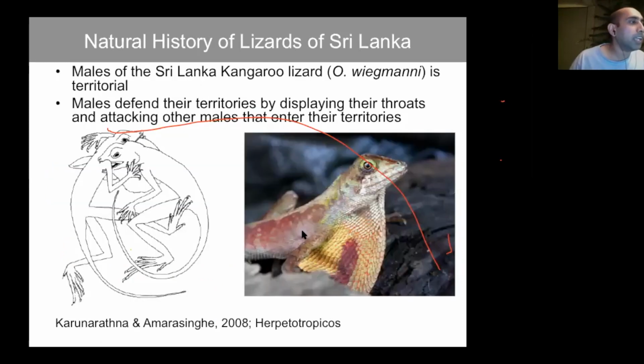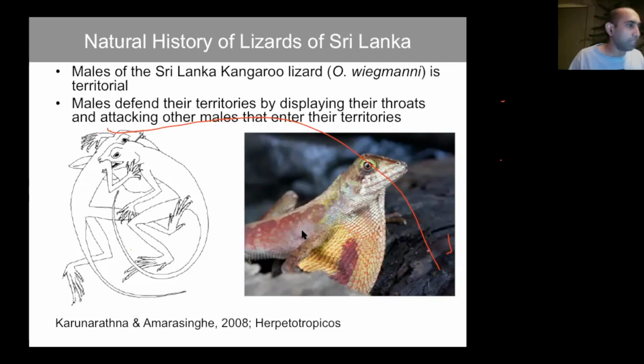All right. So most dragon lizards seem to be territorial. So that was shown to be the case by a study done by one of my colleagues, Suranjan Karunarathne, and Tharuka Amarasinghe.